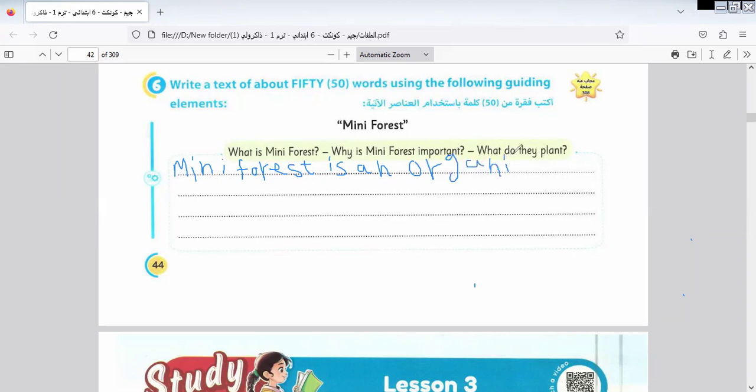It plants small green areas, help people. It plants.